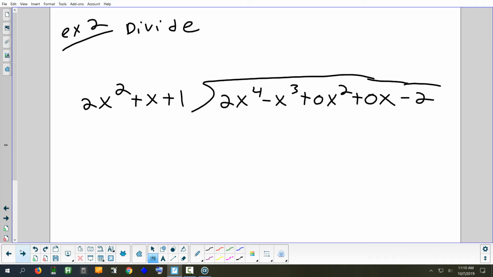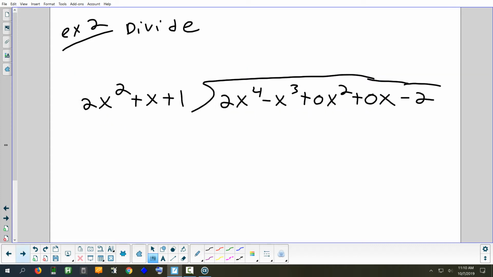So you've got to leave plenty of space to go to the right. Step 1 is already done, unless we're missing anything else I didn't fill in. Nope, we're good. So divide the first term on the outside, 2x squared, into 2x to the 4th.